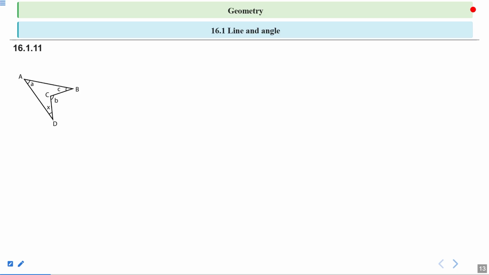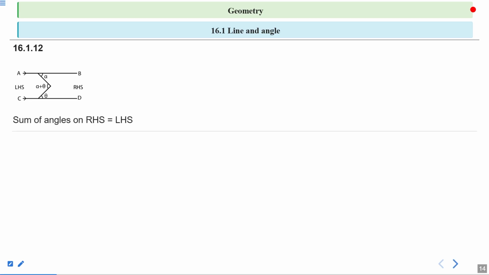According to this diagram, angle B will always equal angle A plus angle C plus angle X. Next one. According to the diagram, the sum of the angles on the right hand side is always equal to the sum of the angles on the left hand side. It means alpha plus theta on the right hand side equals alpha plus theta on the left hand side.